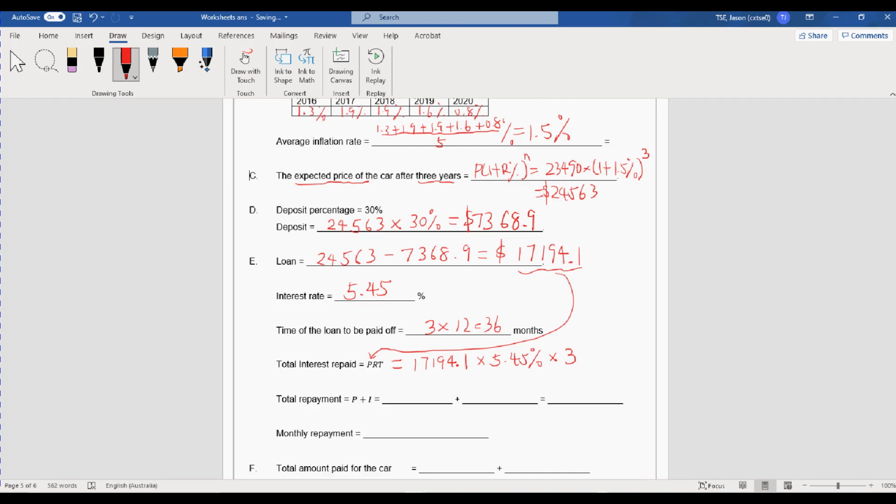We just calculate this using your calculator. Round off to 1 decimal place. So that's the interest you need to repay. How about the total repayment? Total repayment is the loan plus the interest.